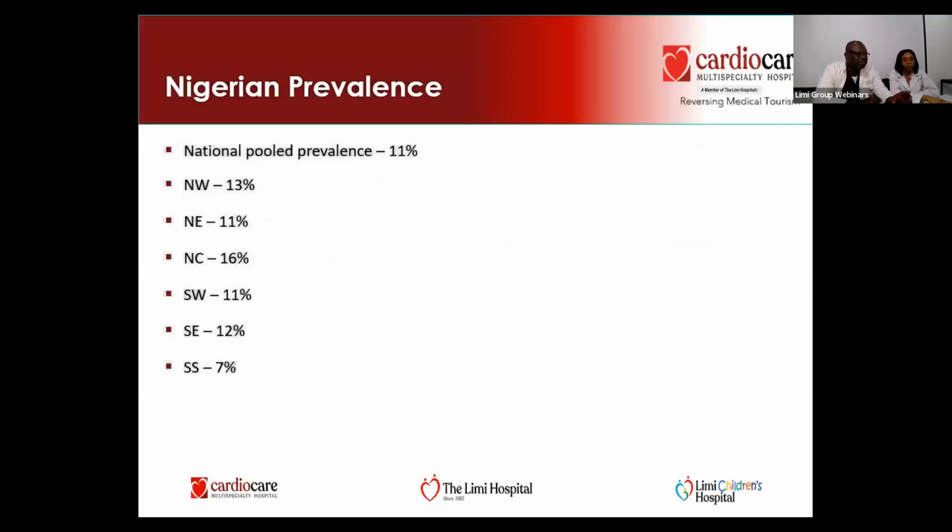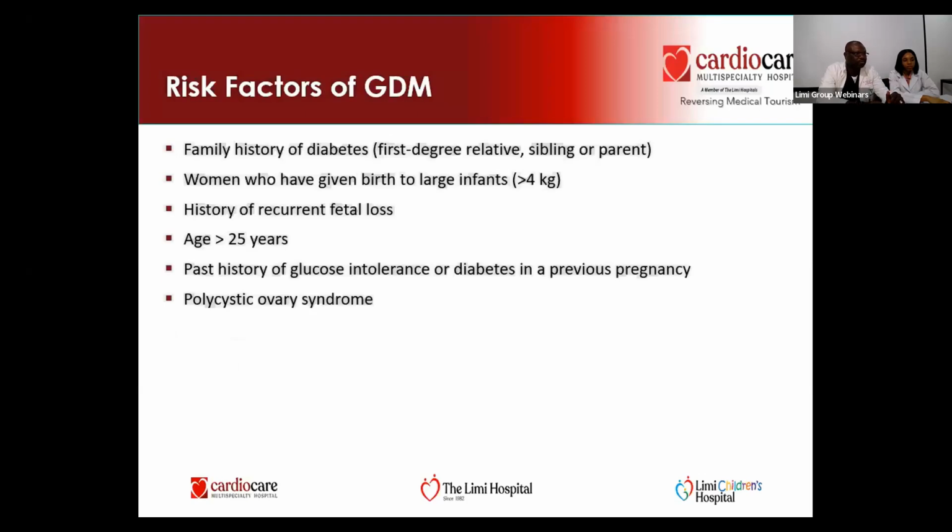So from this record by Professor Aziz, the North Central has the highest level of prevalence of gestational diabetes, including Abuja. So what we are saying, you should be on the lookout for such conditions, know what to do, and at the same time know when to refer and where to refer this patient for expert management and good outcome.